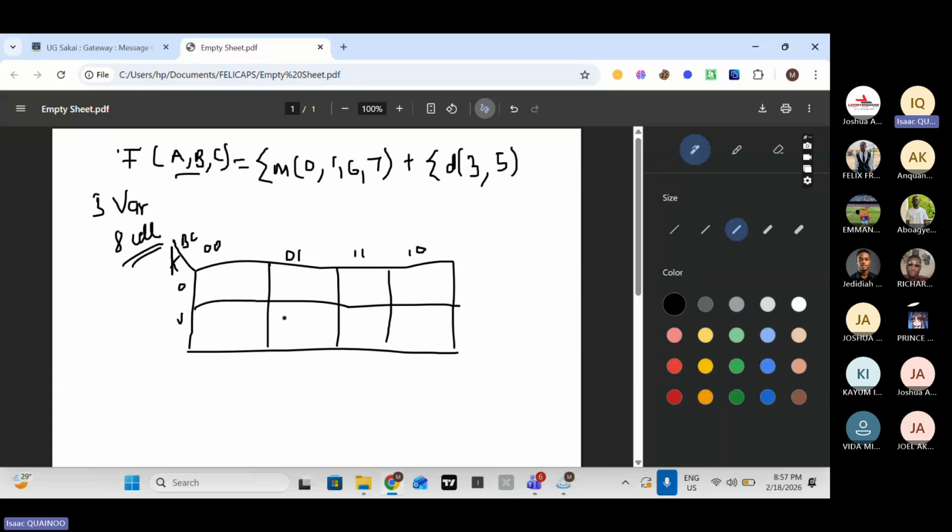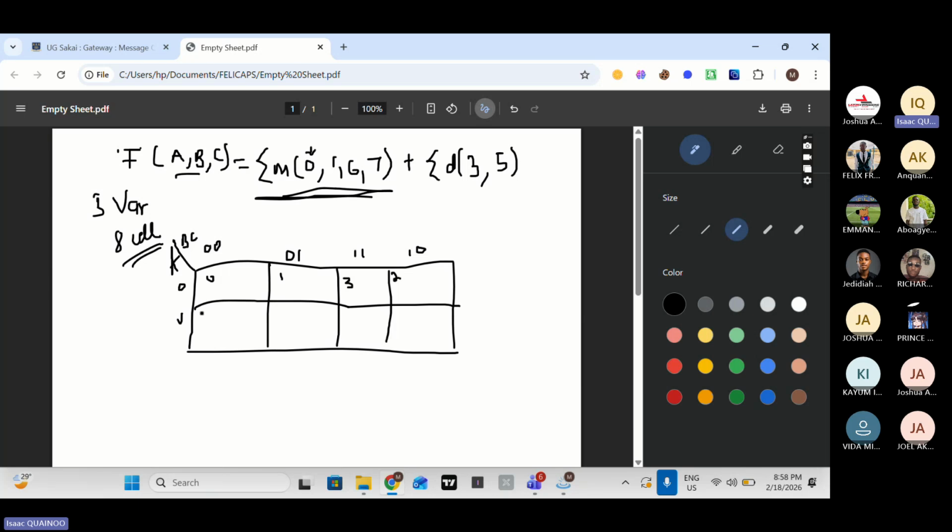Okay, so now what is it saying? The first thing here is that we have our min terms with a return value of 1 for the cell 0. So we can label this 0, this is 1, this is 3, and this is 2.